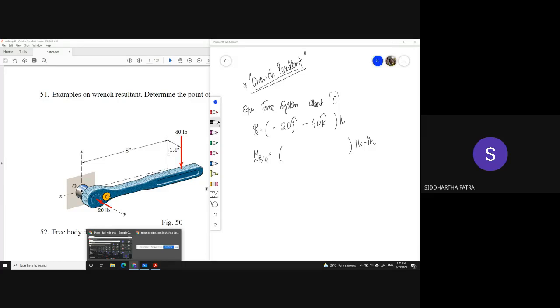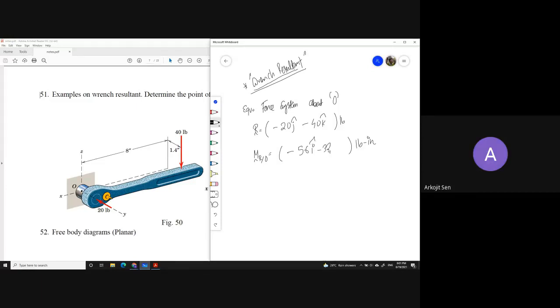That is also going to give you some component along x-axis as well. So how much is the value that you said? Minus 56 i cap, and then minus 320 j cap.